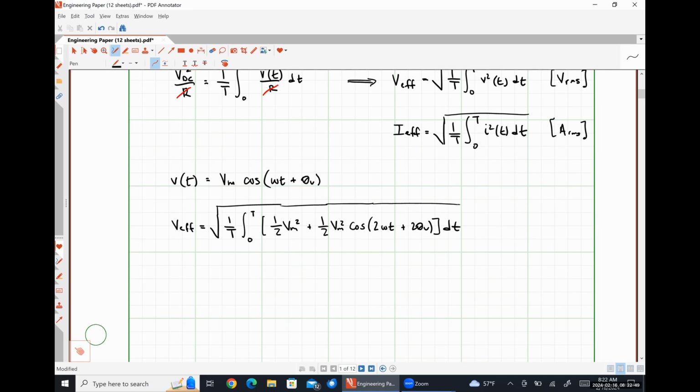Now, one thing that I'm going to need to do is figure out the period of my periodic voltage waveform and how it relates to my angular frequency omega, which we've technically already done, right?